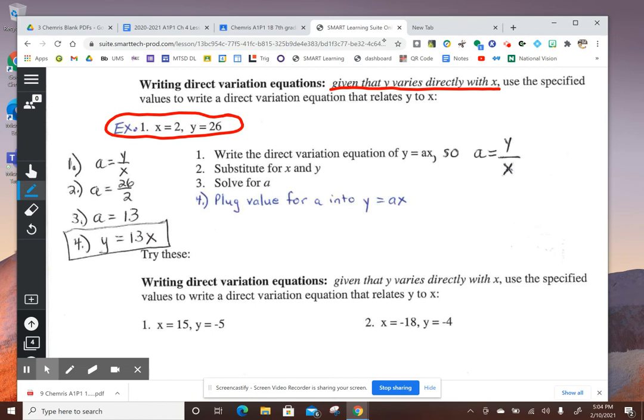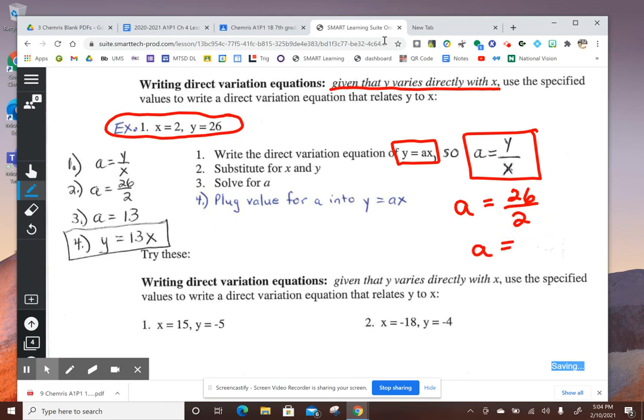So the first thing you do is you say to yourself, I know the direct variation equation is y equals ax. So I know if I solve for a, a equals y over x. So now I just substitute my y, which is 26, and my x, which is 2, and I get a equals 13. So I solve for a and I find a equals 13, but I'm not done.